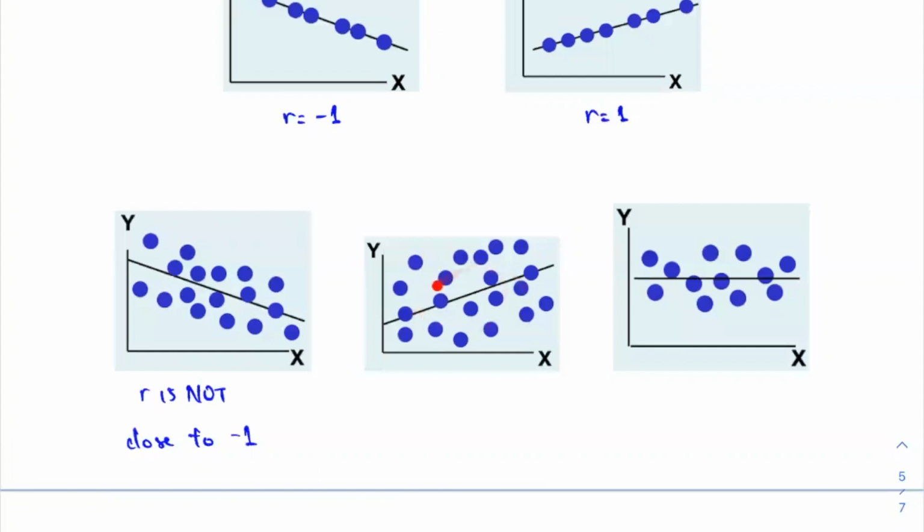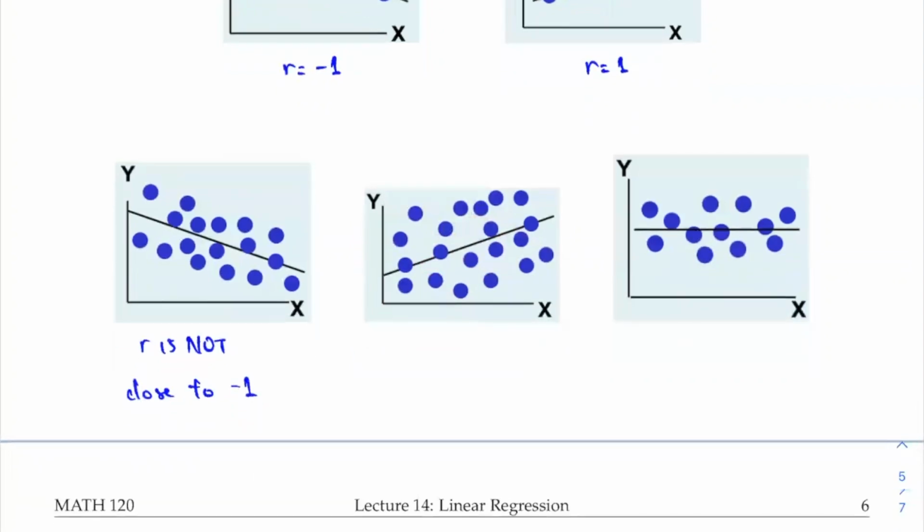In this case, you can see more clearly that the data points spread out and stay a bit far away from the regression line. So R is not close to +1, even though the line is increasing. In this case, R is equal to 0, so we say there is no linear relationship.